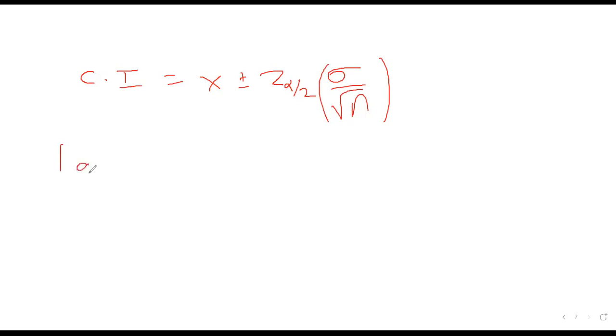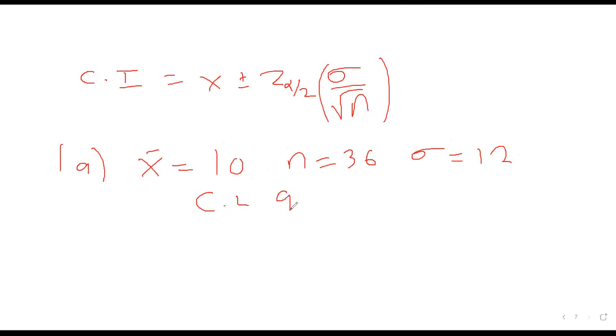Question 1a, we have our mean as 10, our n is 36, our standard deviation is 12, our confidence level is 95%. So we've been asked to find the confidence interval.